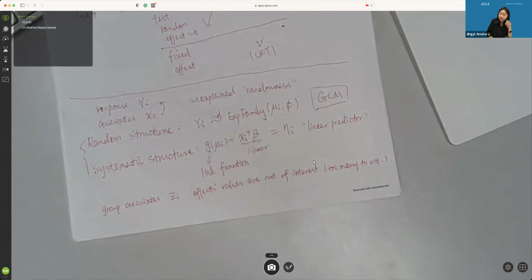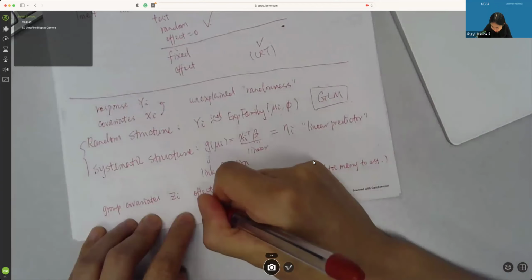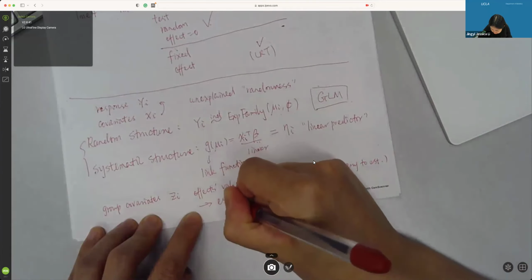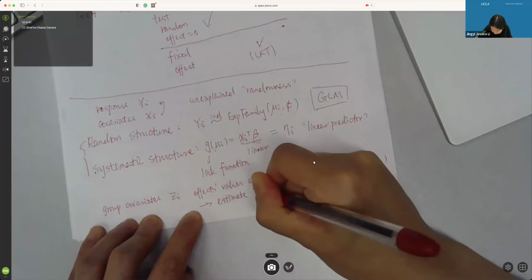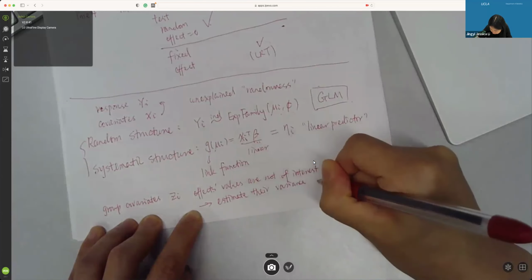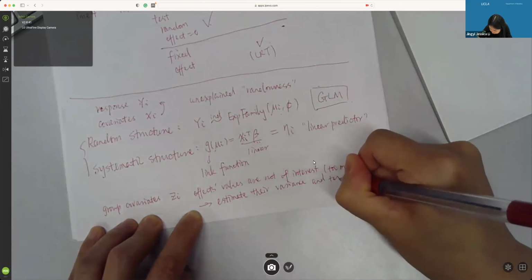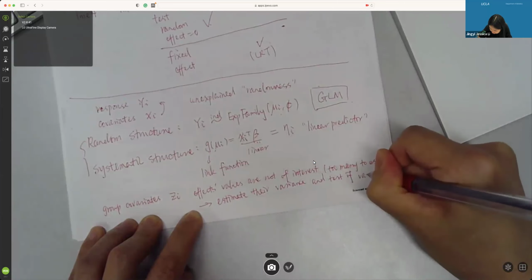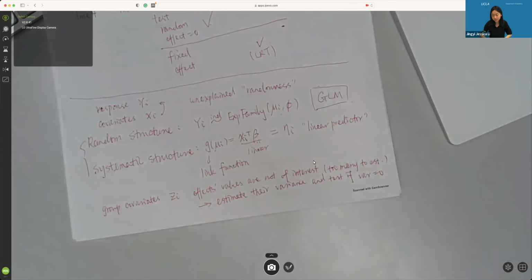There's just too many to estimate. So therefore, in this case, what do we do? We can just estimate the variance of those effect values. So the strategy is to estimate their variance and test if the variance is 0, instead of worrying about each effect size and testing if that effect size is 0.